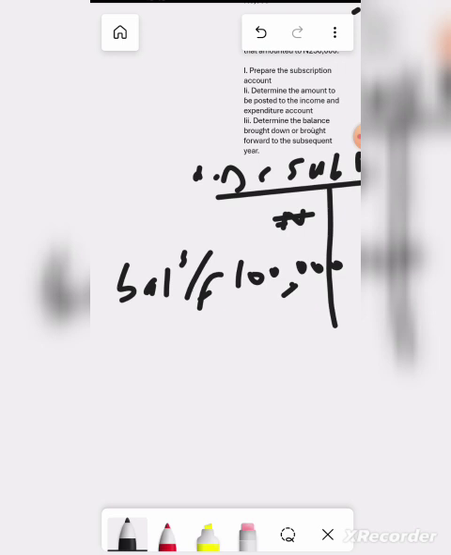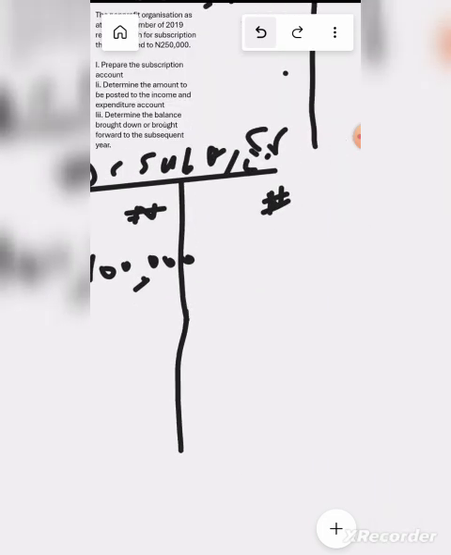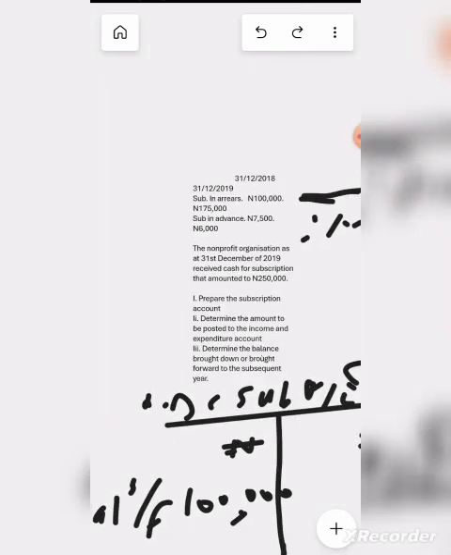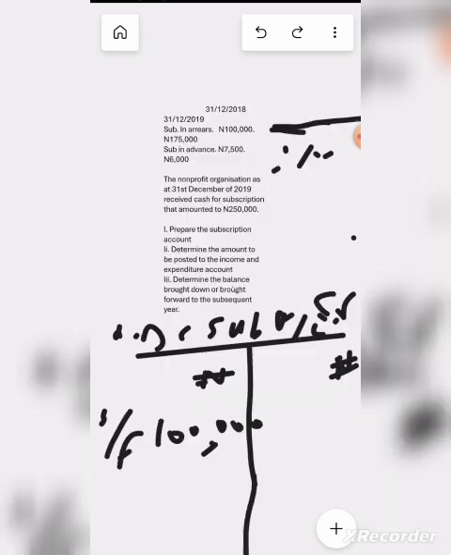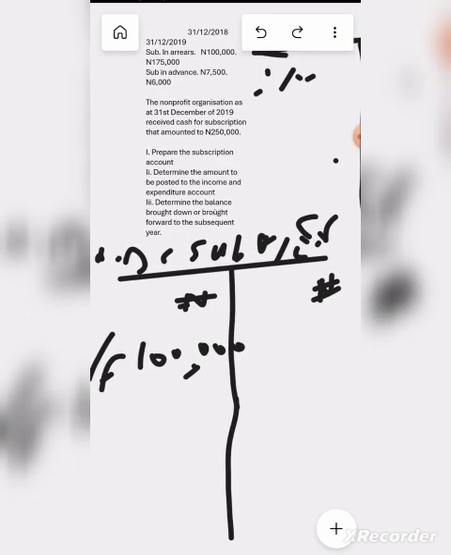So we have the balance carried down. Let's shift that down a bit. The balance carried down in the question is 175,000.